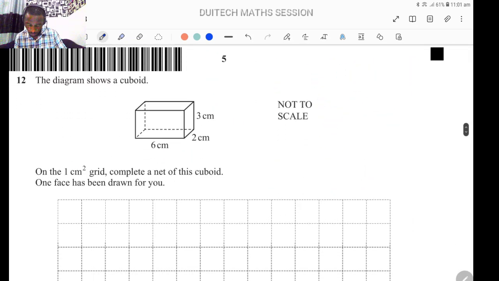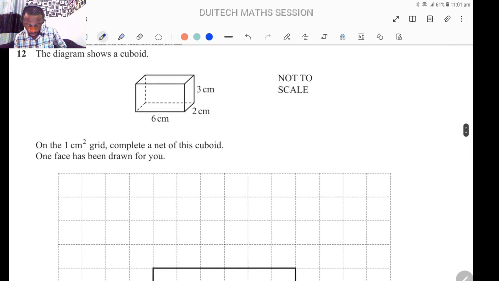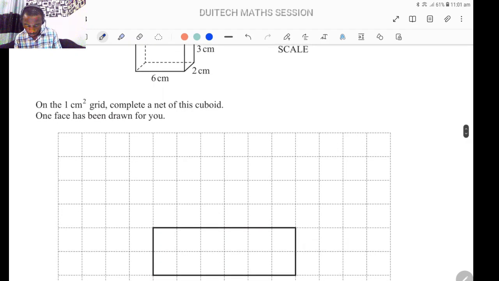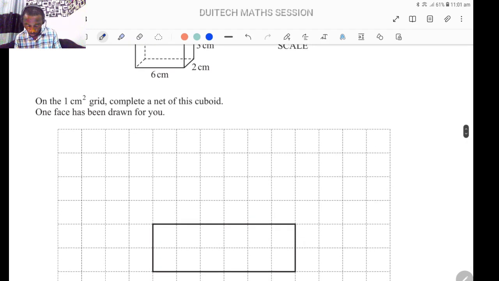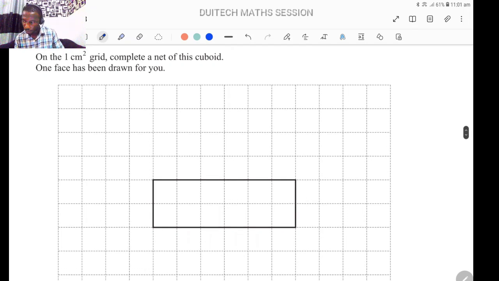The answer is 108. This other question says the diagram shows the cuboid. On the 1 centimeter grid, complete the net of this cuboid. One face has been drawn for you. So we need to draw the full cuboid as a net.